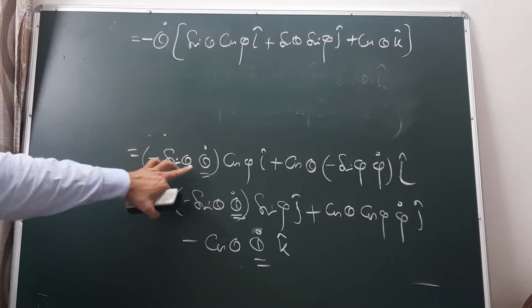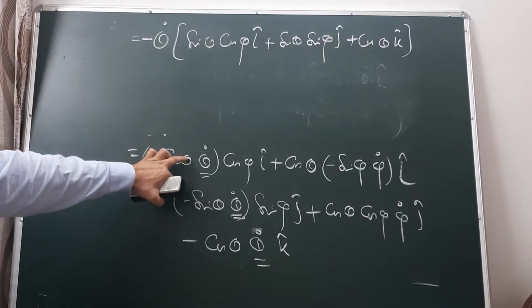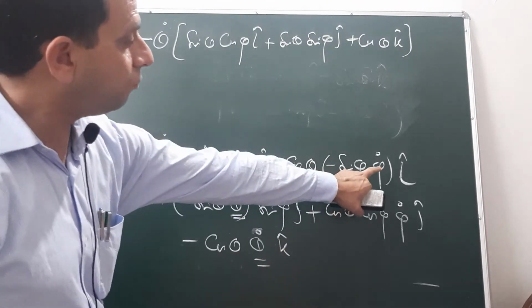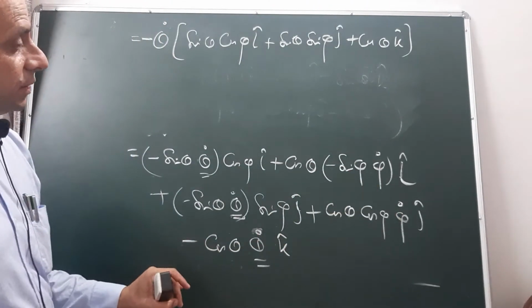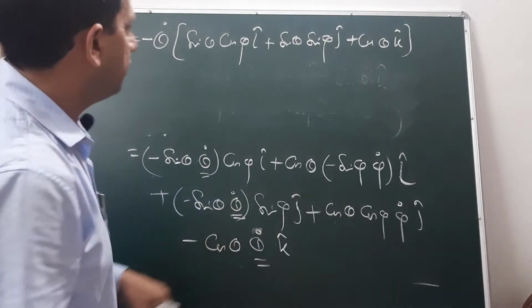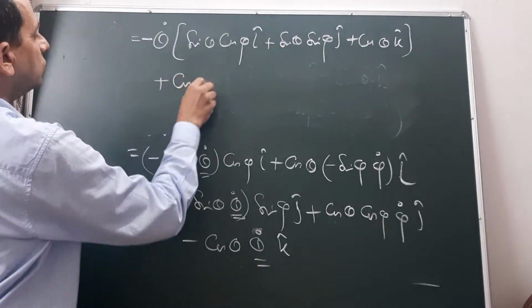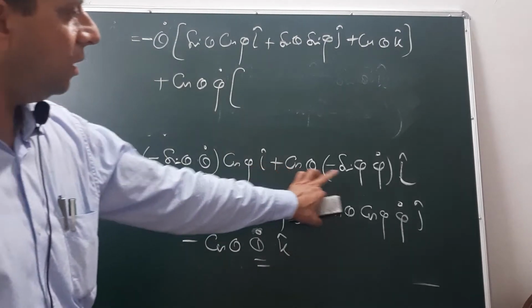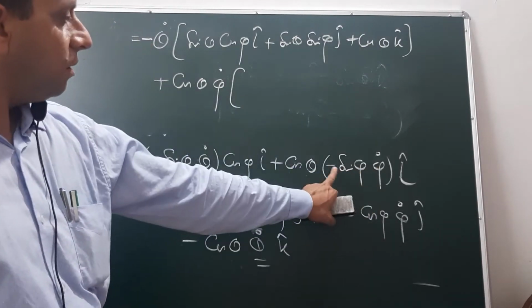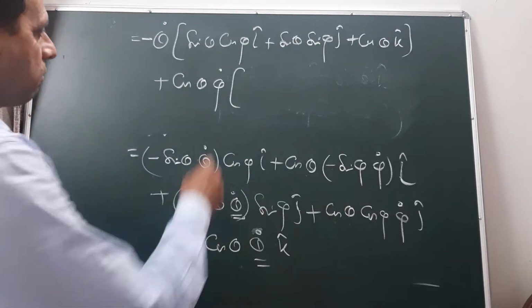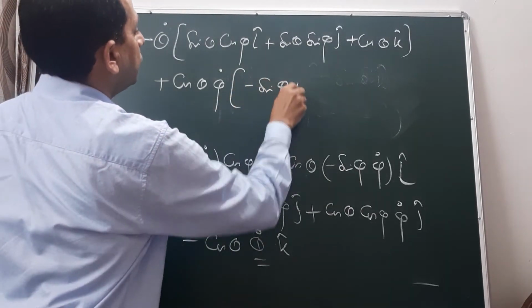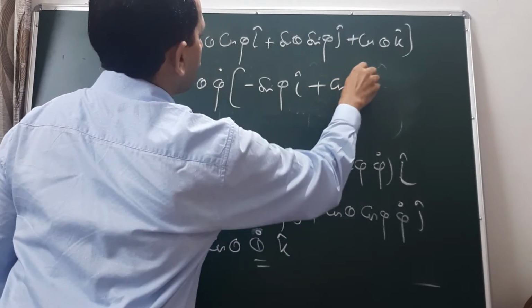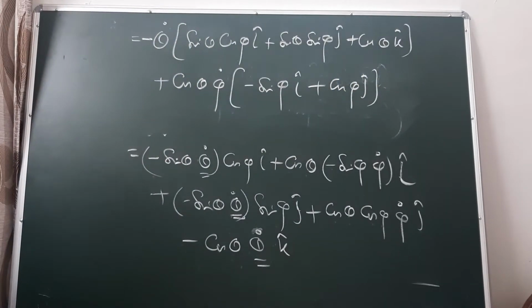So, I have taken minus theta dot common from these three terms, and from the remaining terms phi dot is common and cos theta is also common. So, plus cos theta and phi dot are common, and the remaining part is minus sin phi i plus cos phi j. Is it clear?